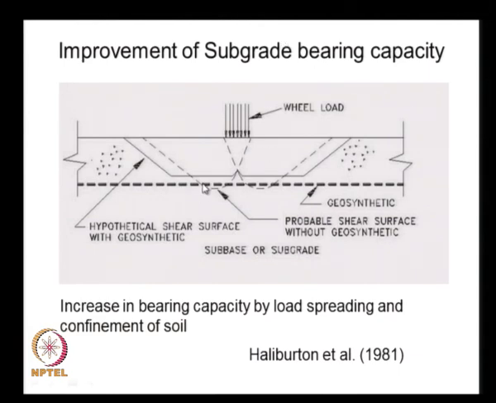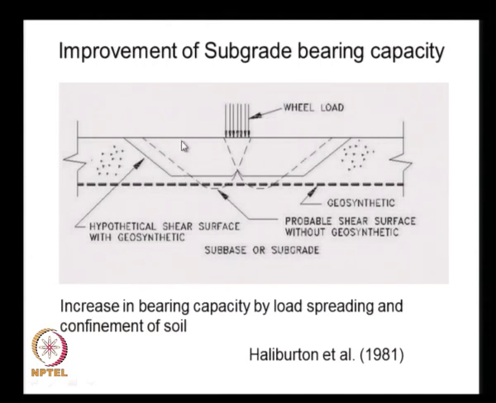These geosynthetics can also help in improving the bearing capacity. Without the geosynthetic, this could be the bearing capacity failure under a wheel load, and if we provide a reinforcement layer, the shear surface does not propagate through this reinforcement, and the failure is within this top soil.